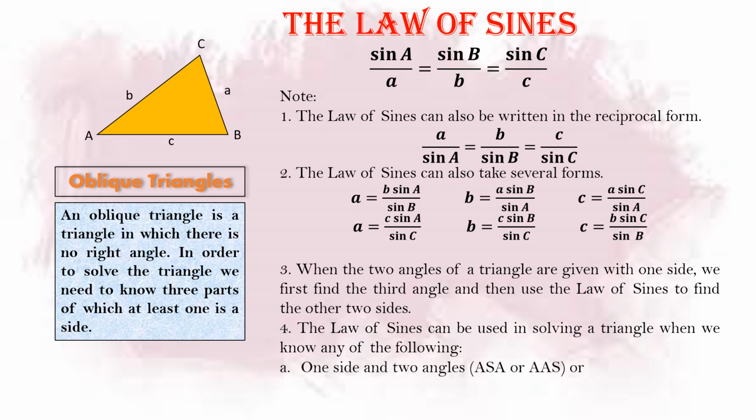The first one is one side and two angles, which is the ASA or the AAS, angle side angle or angle angle side. So, magagamit natin the law of sines if we know this one. And the number 2 is two sides and an angle opposite of these sides, which is the SSA.